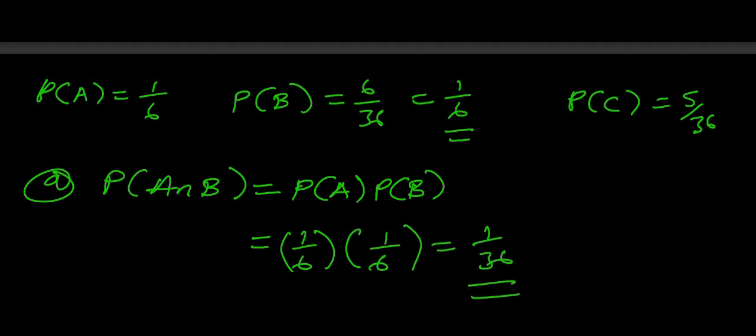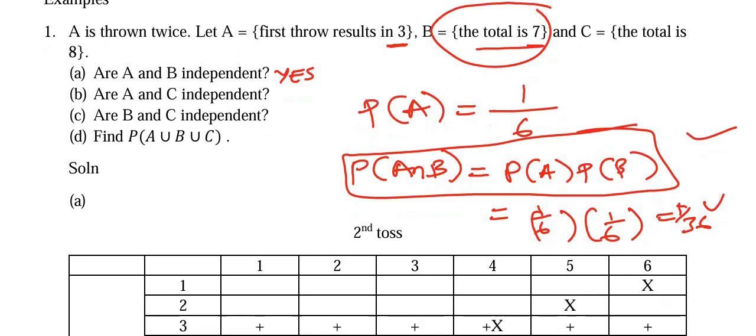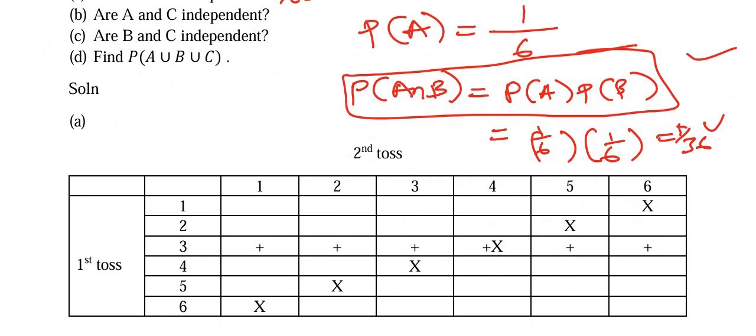The number of times that we use a 3, because they are saying the first row results into a 3, right? There's only one time, the first time that we use a 3 to get a total of 7. We used this 3 and this 4.